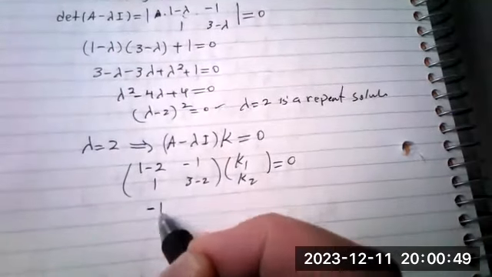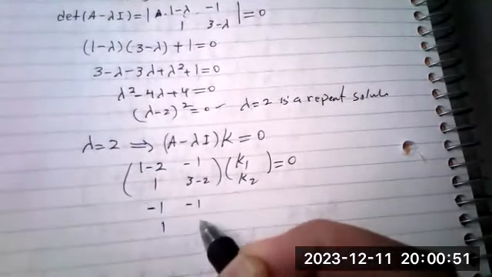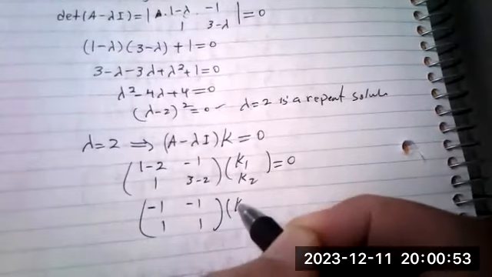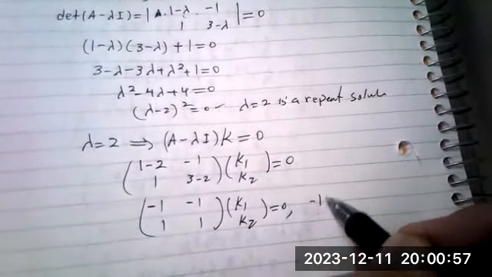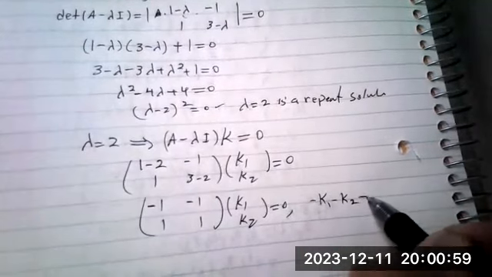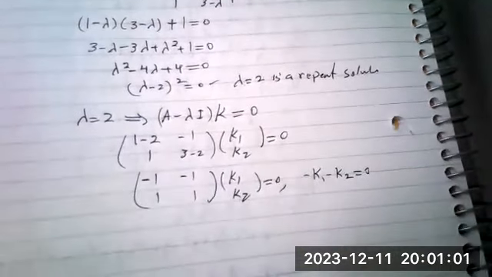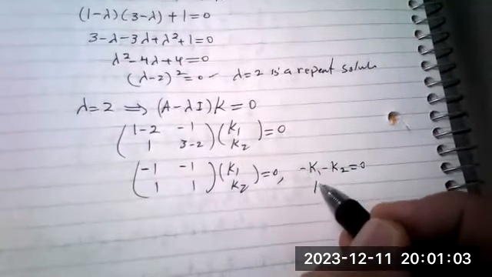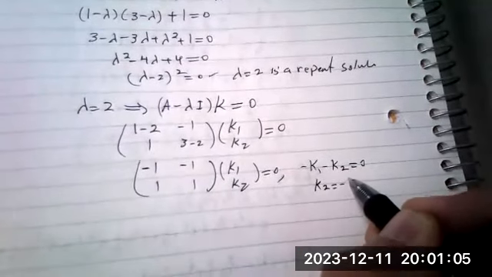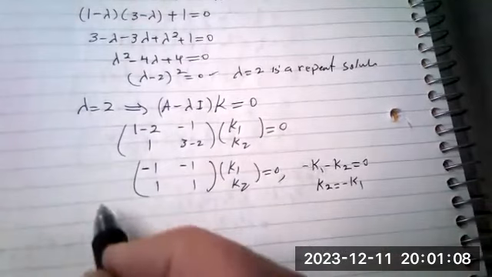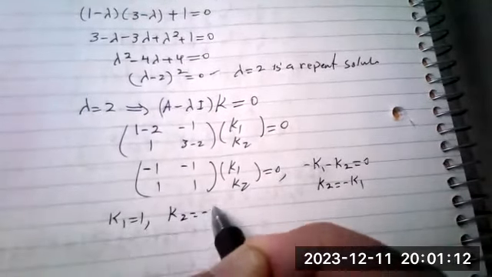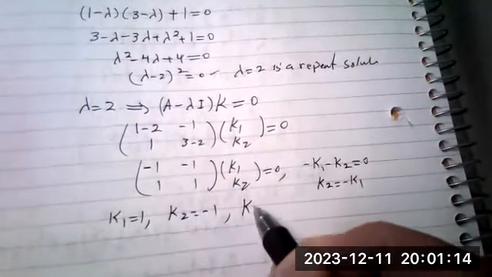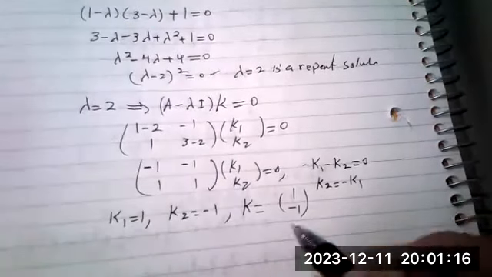So that gives you -1, -1, 1, 1. So the rows are the same: -K1 minus K2 equal to 0. So we get K2 equal to negative K1. We put K1 equal to 1 and K2 equal to -1, so the vector is going to be 1, -1.